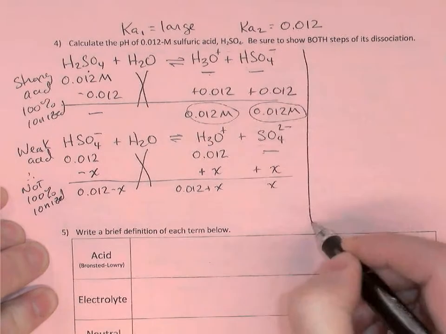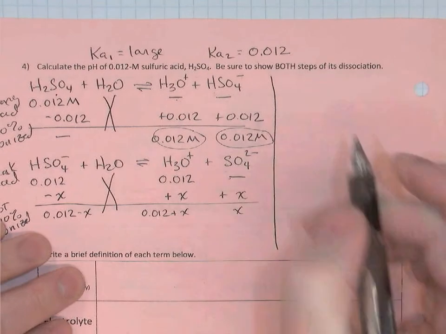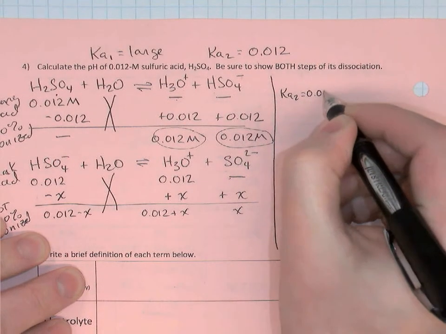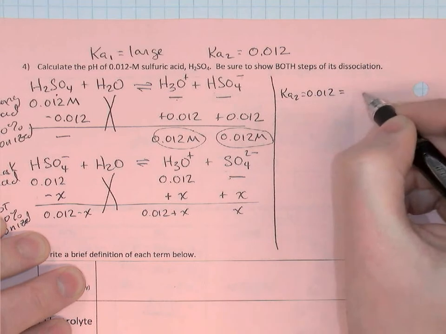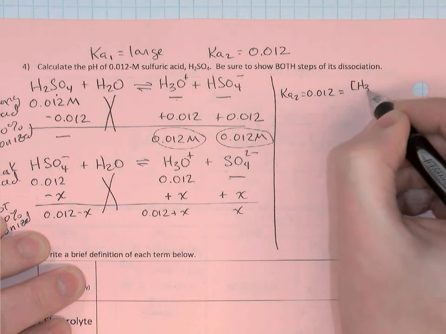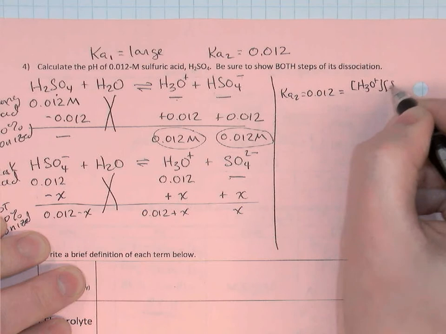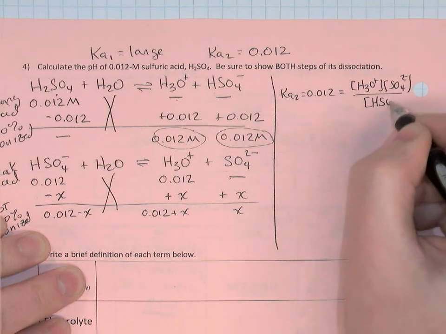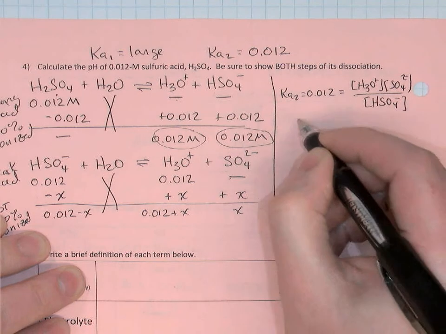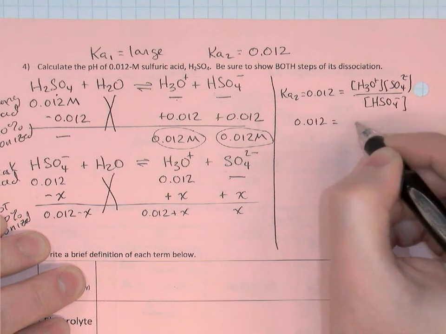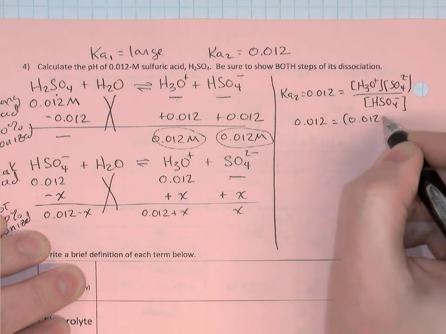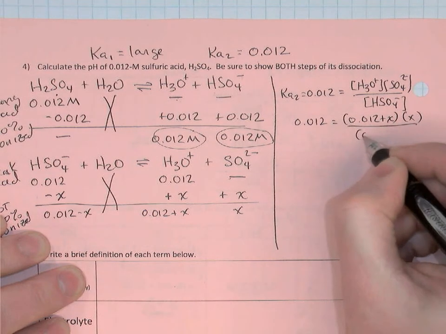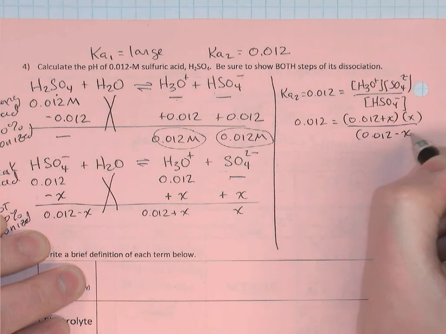If we now set up the Ka expression for step 2, we get Ka2 is 0.012, which is equal to the concentration of hydronium times sulfate over HSO4 minus. So 0.012 equals (0.012 plus X) times X over (0.012 minus X).